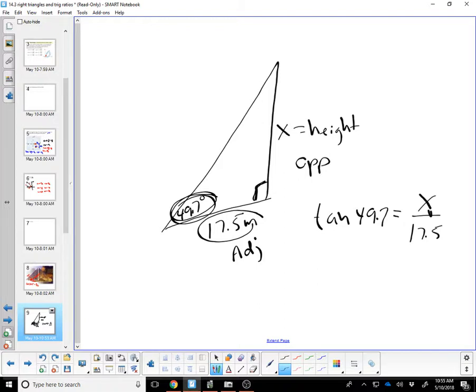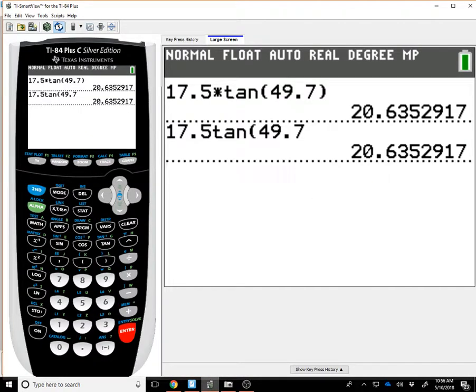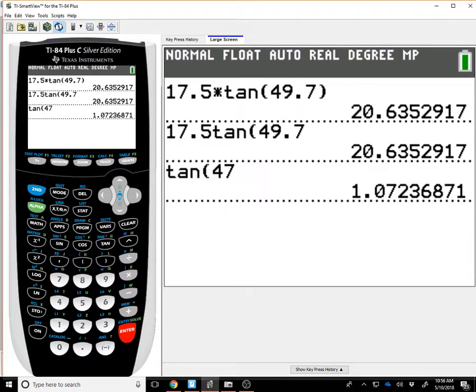What confuses a lot of people, and confused me, to be honest, was that I always thought this is supposed to be something. And it's not. Tan 49.7, all of it together, is just some number. Here, check it out. Tan 47. If I did tan by itself, it's going to say, what are you talking about?